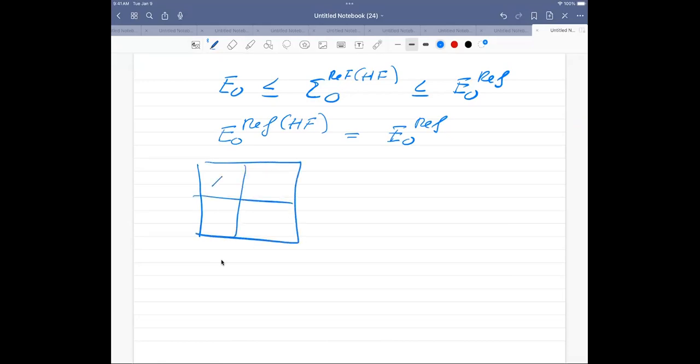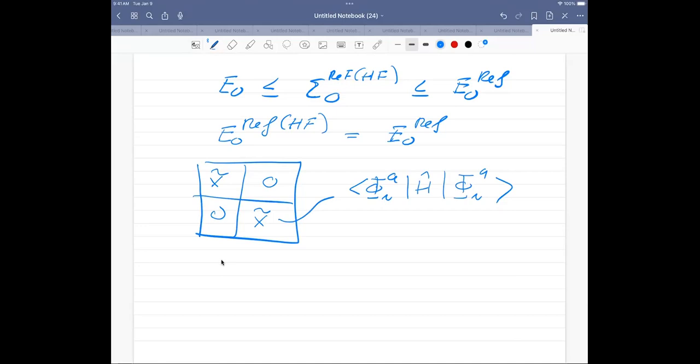So if we then go back to the other term which we have here, we had the ground state in the Hartree-Fock basis, and now we have this block here. So this block contains obviously terms of phi of A, and we can have many such configurations. So these are the diagonal terms.